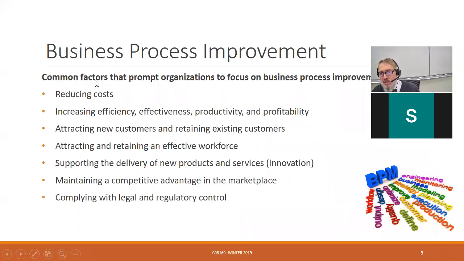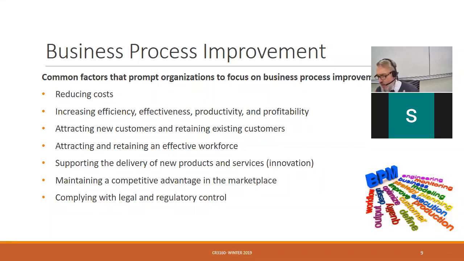What you can see here, business process improvement is focusing on getting the best sort of competitive advantage for your company or your organization. The idea being that organizations are in competition. Even if you're in a government organization, there is some sort of competitive thing there because money and time are always scarce resources.